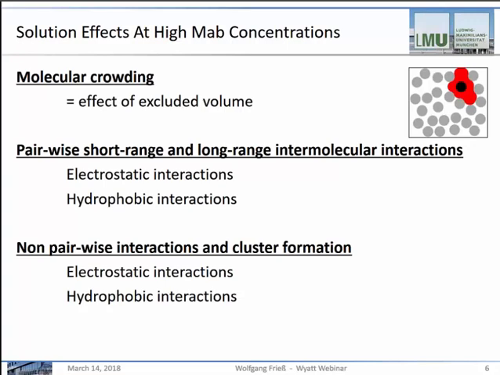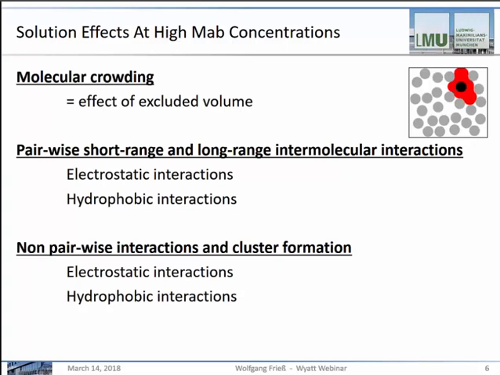Interactions also occur at low concentrations, but they become even more relevant at high concentrations, because at that stage the propensity and the probability of interaction is increased. And we have the so-called molecular crowding effect, meaning that we have excluded volume which is not accessible for each individual molecule anymore and restricts its mobility.